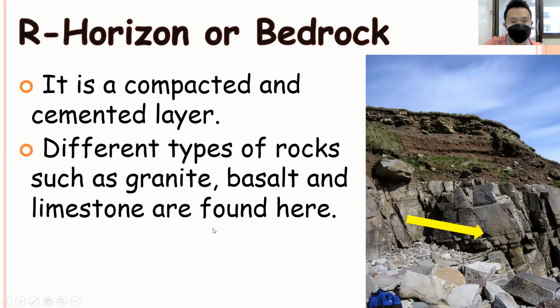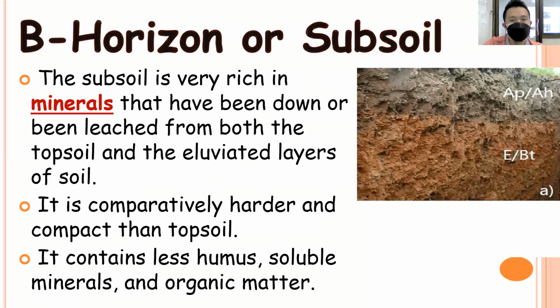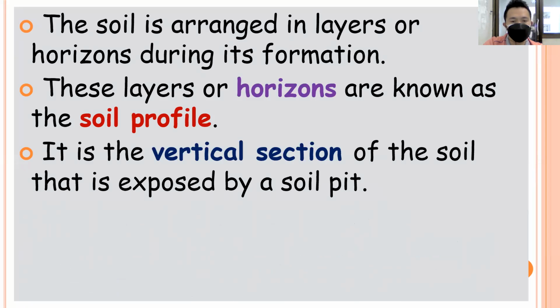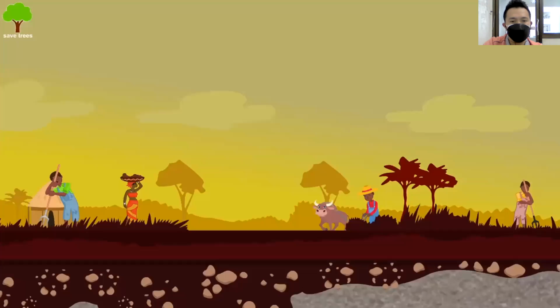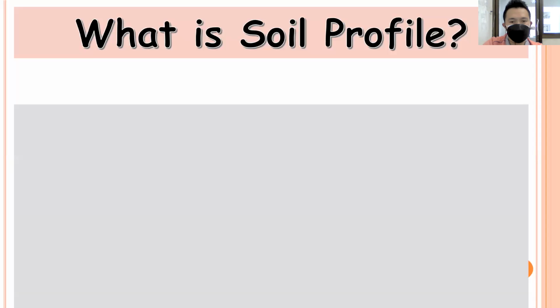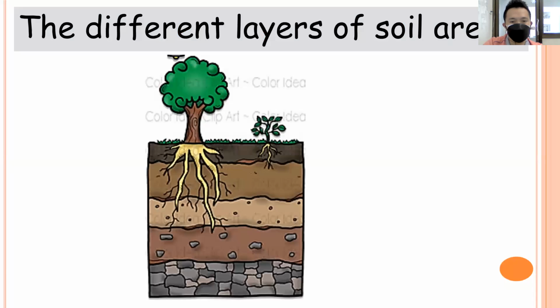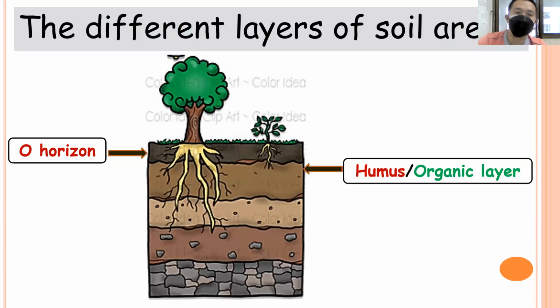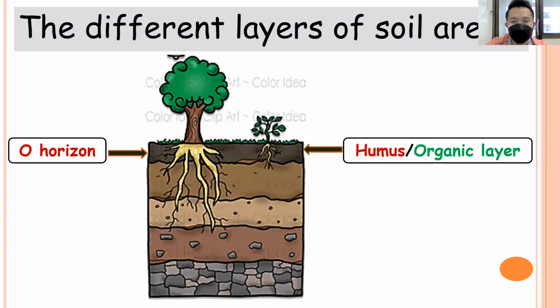Right, so again, we have different layers of soil. We have here, kids, I want to show you again for you to memorize the layers of soil. Okay, here, O horizon, humus.